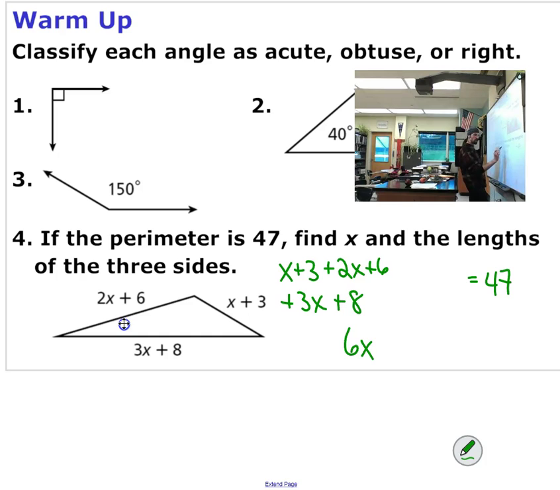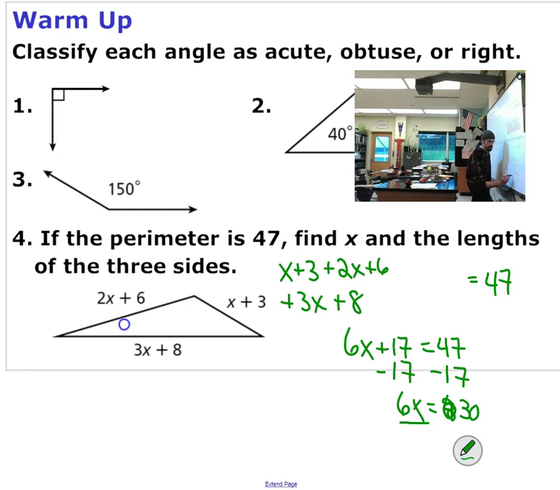And I add these up, 3 and 6 is 9, plus 8 is 17, equals 47. Of course, you're just jumping out of your seat now thinking, subtract the 17, Mr. Risen, just do it. So I'm going to do it, and you get 6x equals 30. That's supposed to be 30. And you divide by 6, and you know that x equals 5.